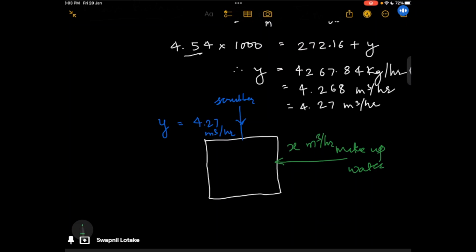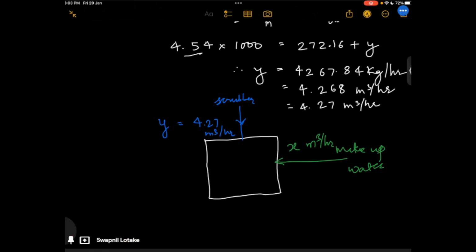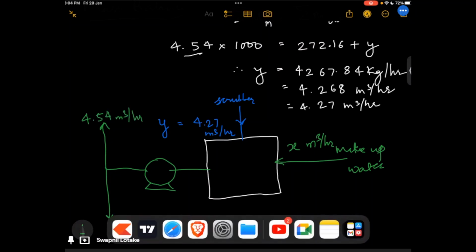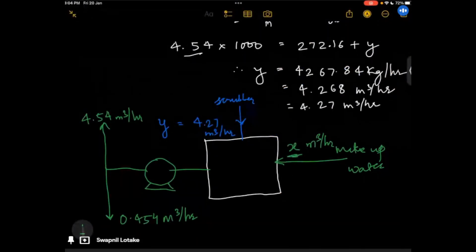Now there is a pump here, which supplies to two parts. One goes here, one goes here. This stream is 4.54, and this stream is 0.454. Now we need to find out x.